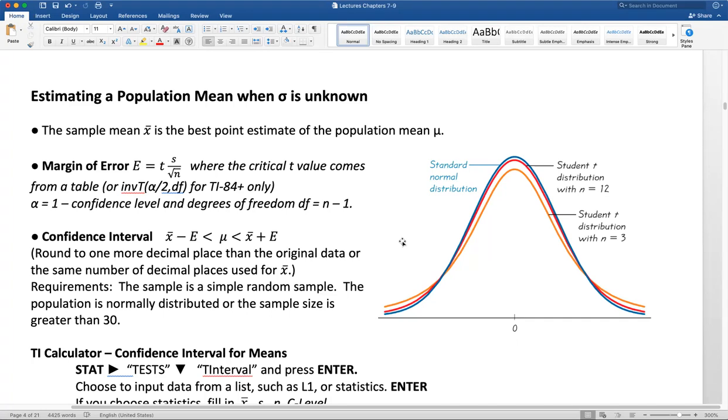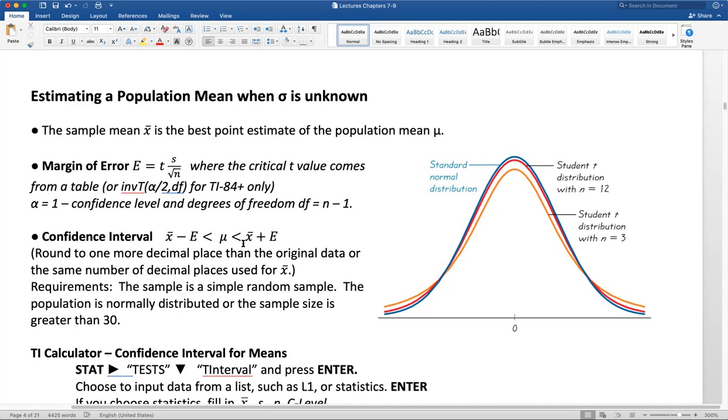Simply saying, we're going to approximate the population mean using sample mean X bar, because the sample mean X bar is the best estimate. It's called the point estimator of the population mean mu.